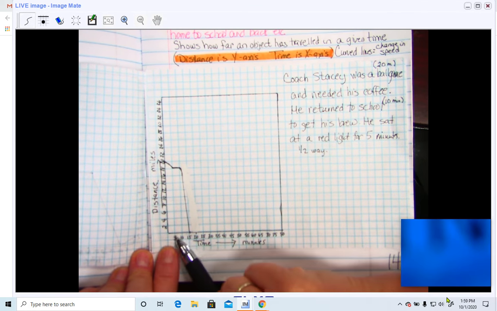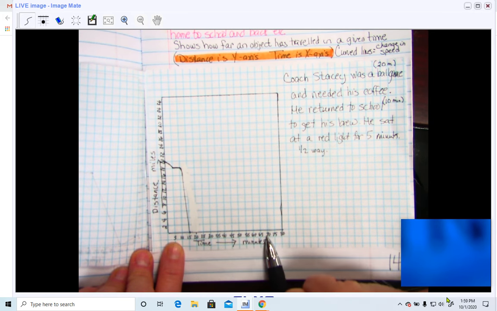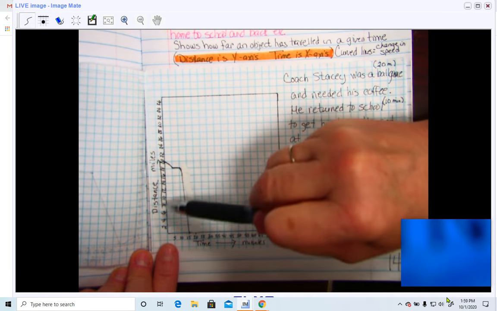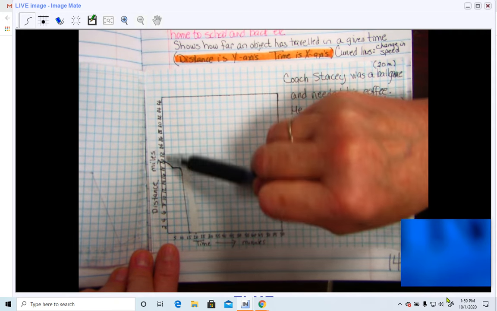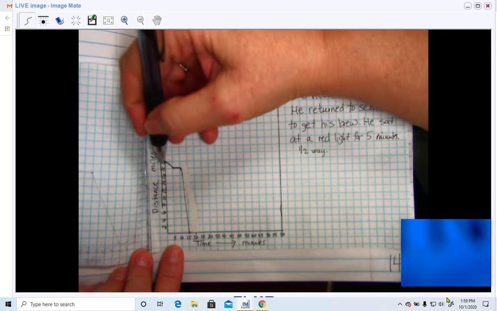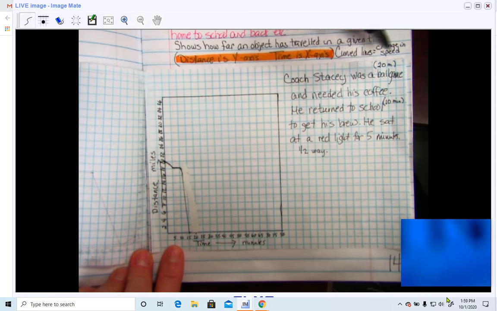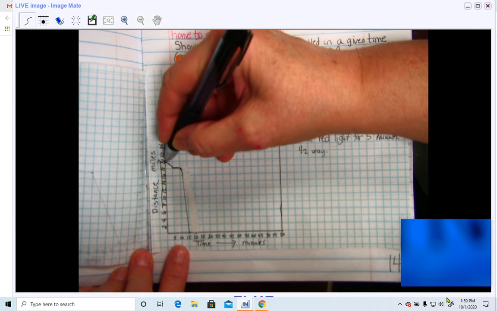So this is what you need to do. Do it in whatever time increments you want, but you need to label it. So for distance, we did 2, 4, 6, 8. We did it in 2-mile increments. So he started off 20 miles away at a ball game, so we put our dot at 20. And he needed his coffee, so he returned to school in 10 minutes.